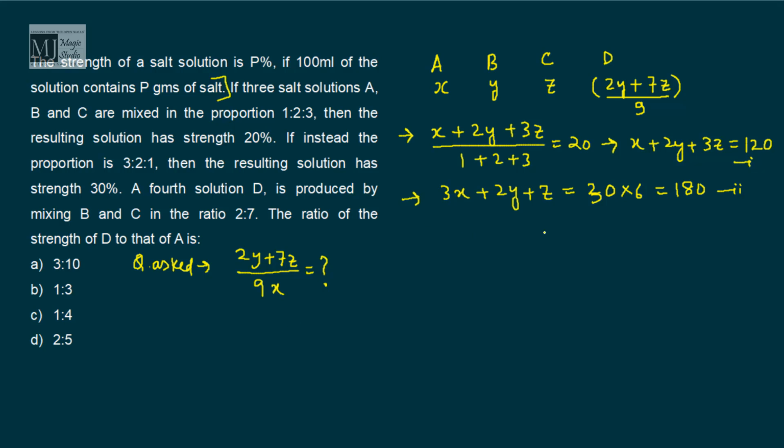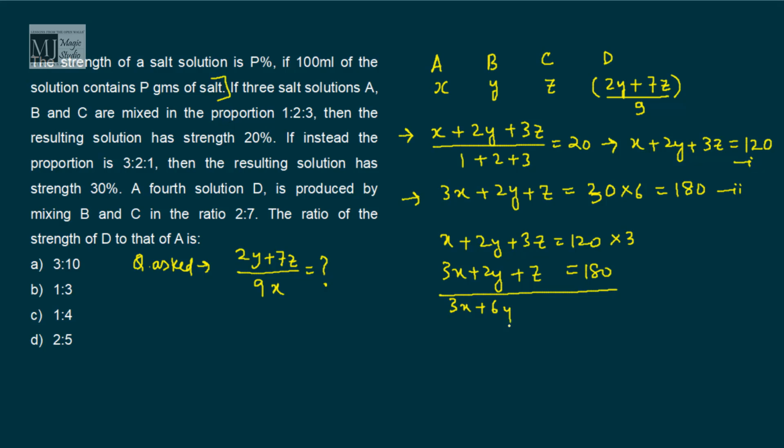Now can we do something with these equations? x plus 2y plus 3z is 120. 3x plus 2y plus z is 180. Let me multiply the first by 3. Then we will have 3x plus 6y plus 9z is equal to 360.